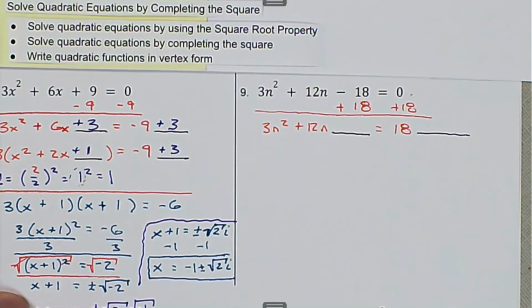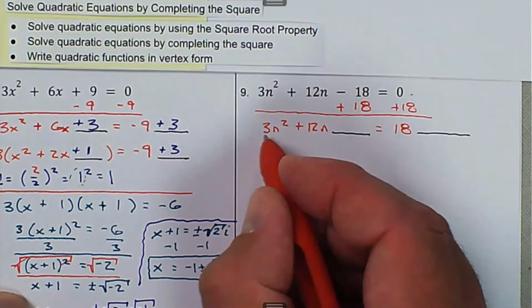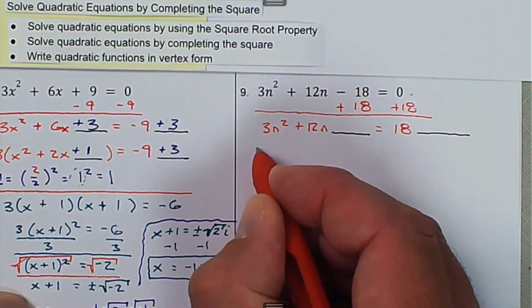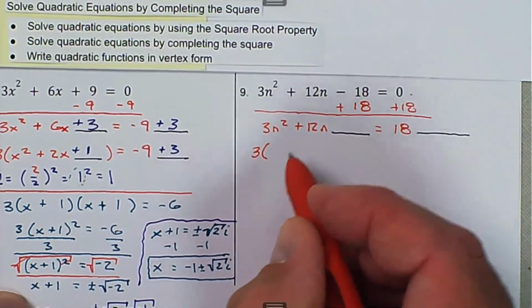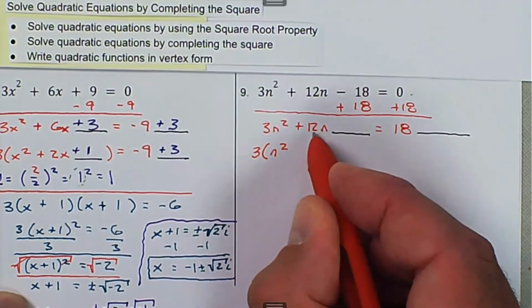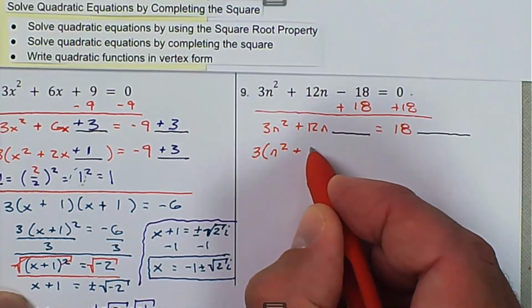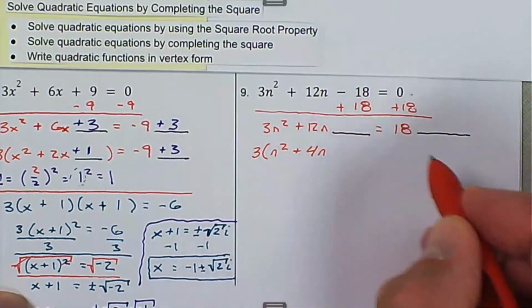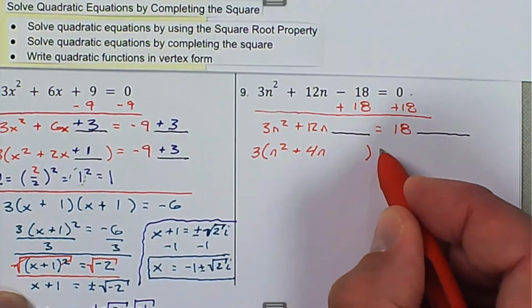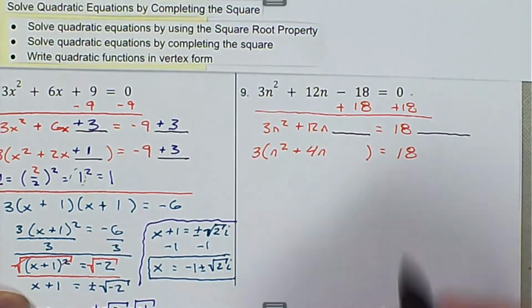Another issue is that our a value is again not 1, so we're going to factor 3 out of the left side. 3n squared divided by 3 is n squared, and 12n divided by 3 is 4n. We're still going to have that c value, and we'll figure it out from there.